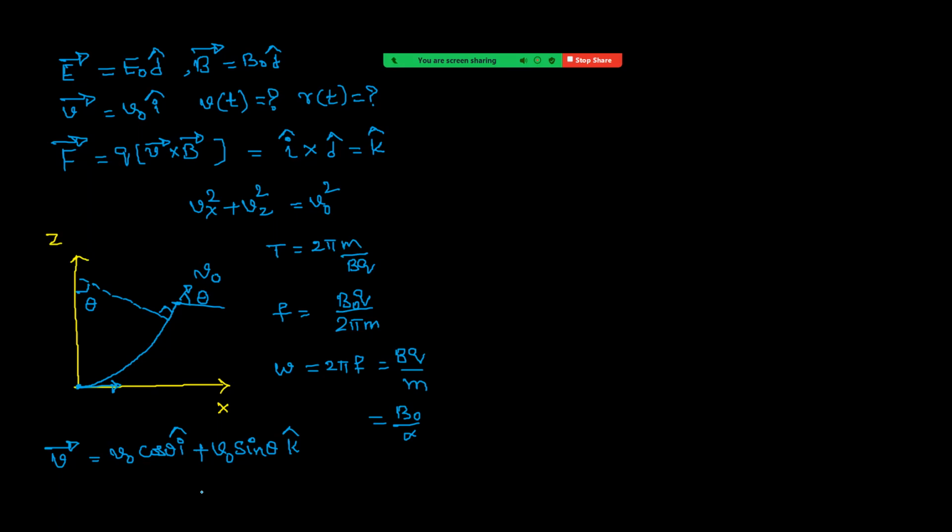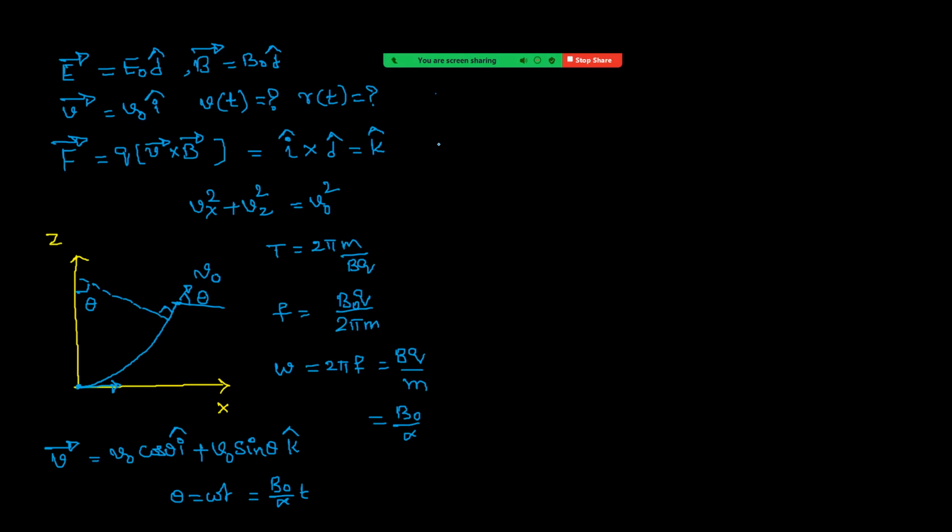That means theta equals omega t, that is B naught by alpha into t. So in V naught cos theta, in the place of theta, writing omega t, V naught cos of B naught by alpha into t. That is theta. Means we got the velocity vector as a function of time.